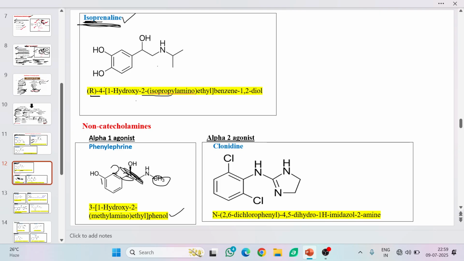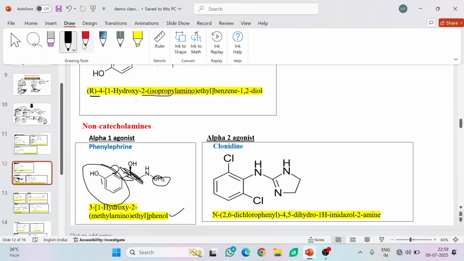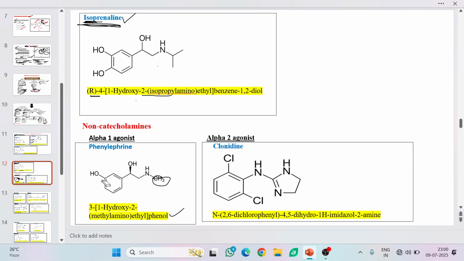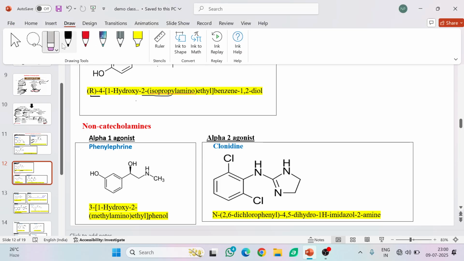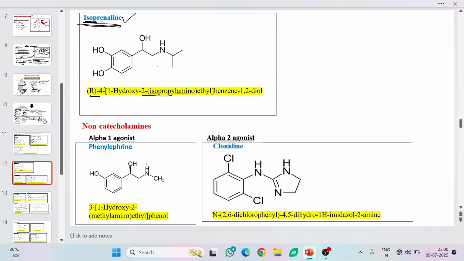Okay, so this is phenol. So you can simply see, it is very simple. Just you should know from where numbering should start.